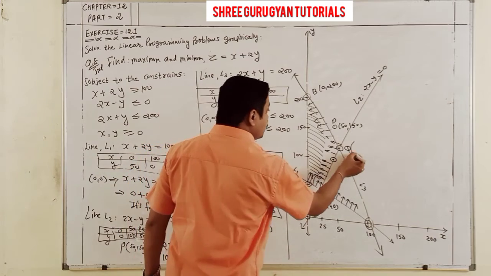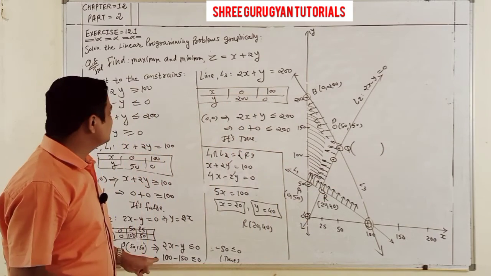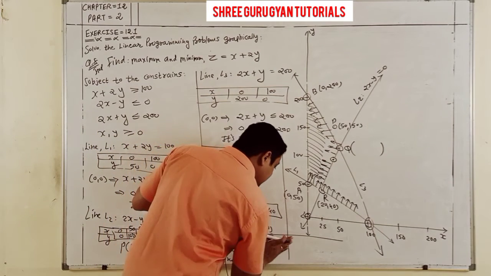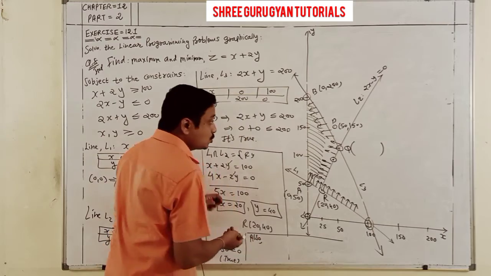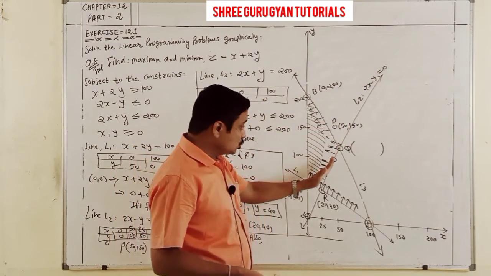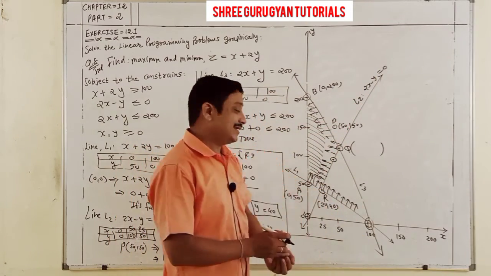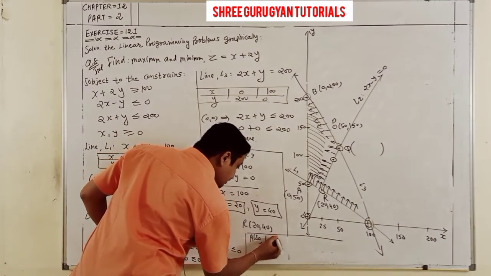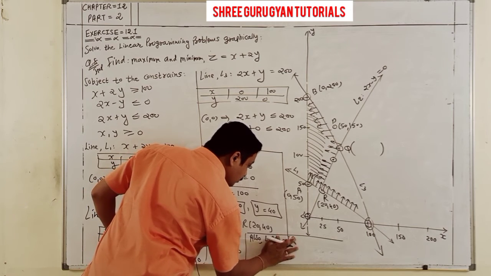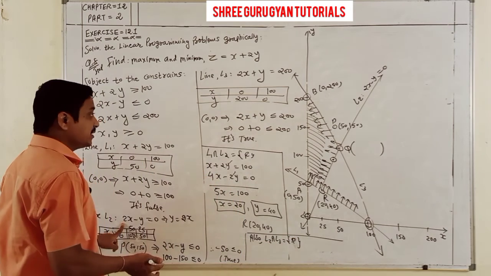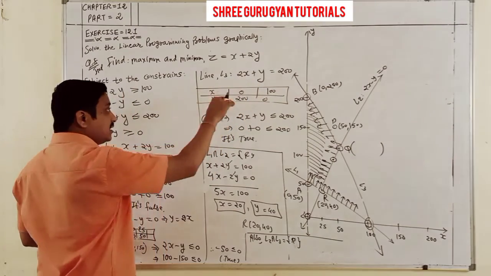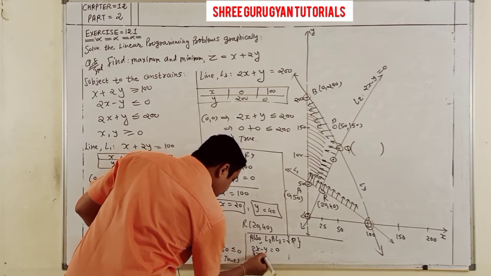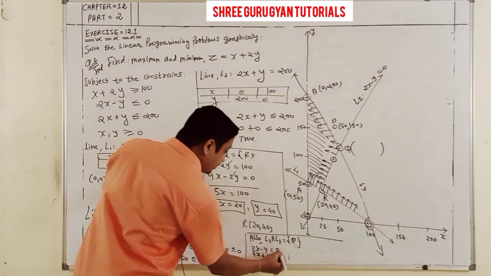Now define Q, and Q is also found by elimination. Students, I will go to elimination in the next part. Also for Q, the points L2 and L3, meaning this L2, that L3, the intersection of L2 and L3 is point Q. So this 2x minus y, and here 2x plus y, it's very easy cancellation. 2x minus y is equal to 0 and 2x plus y is equal to 200.